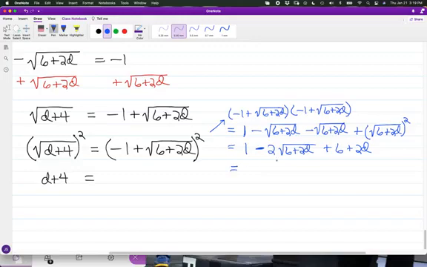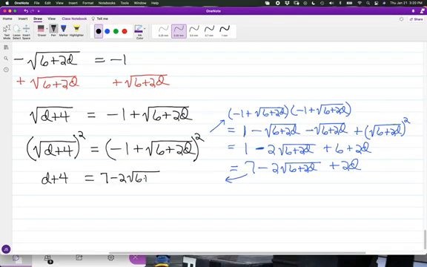And just combining, we have 1 plus 6 is 7, and you have minus 2 times the square root of 6 plus 2d, and you got that 2d that is left over. So we have 7 minus 2 times the square root of 6 plus 2d plus 2d.